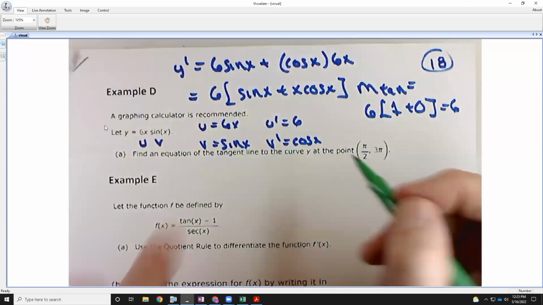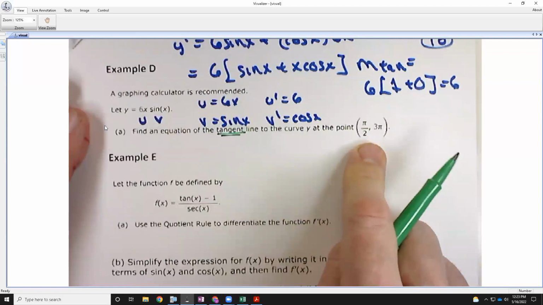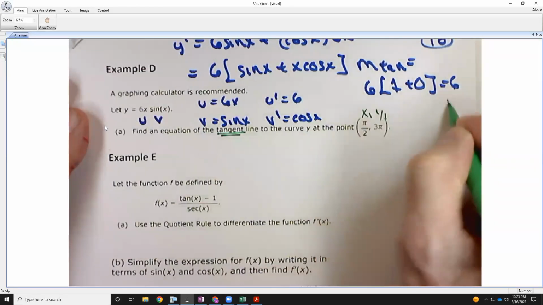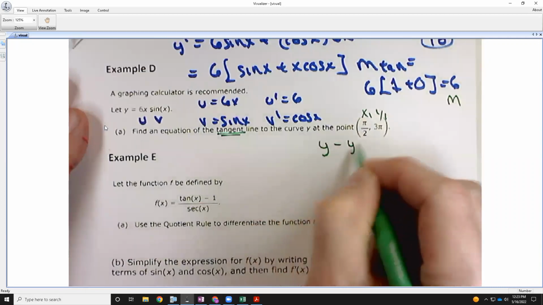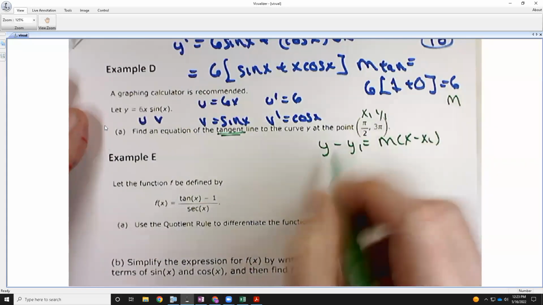Now the equation of the tangent line is going to be a little bit messy because they're not exactly nice points, but that's okay. Here's your x1, y1, and that's your slope. So y minus y1 equals m times x minus x1.